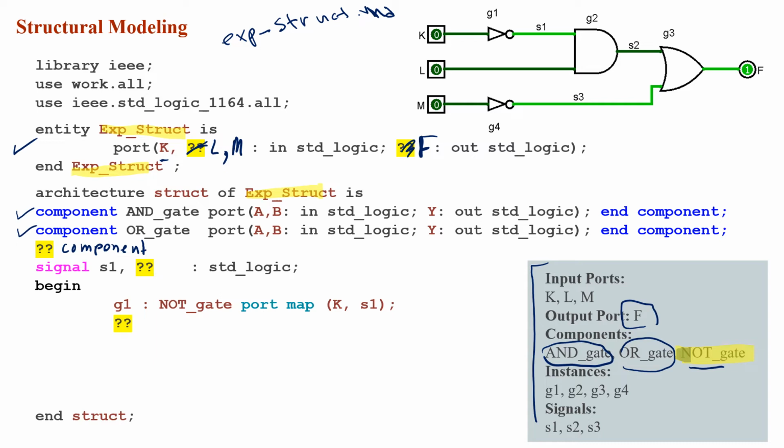I'll say component NOT_gate. I'll use a different color, maybe green. Now the port line must be exactly the same as the way I declared the NOTgate.vhd file.